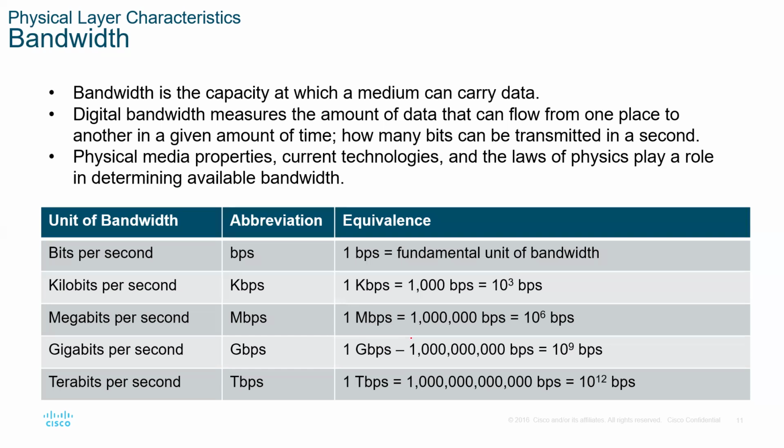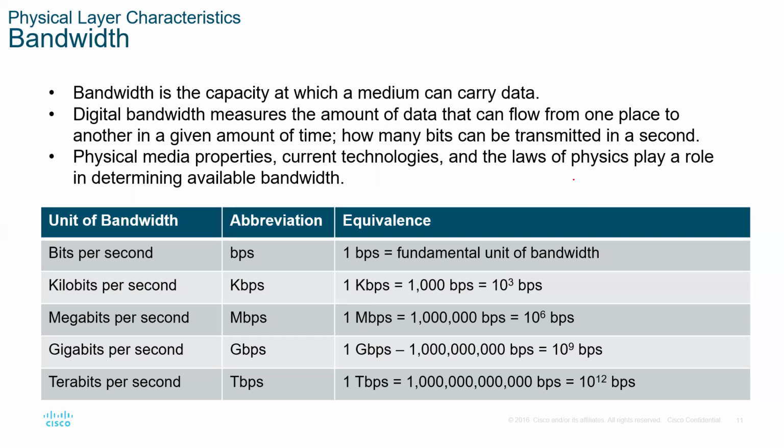Of any medium, fiber is probably the one with the biggest bandwidth. Why? It's because of the laws of physics, which we cannot get into today. Fiber also has very low losses, which contributes to the bandwidth being very high.